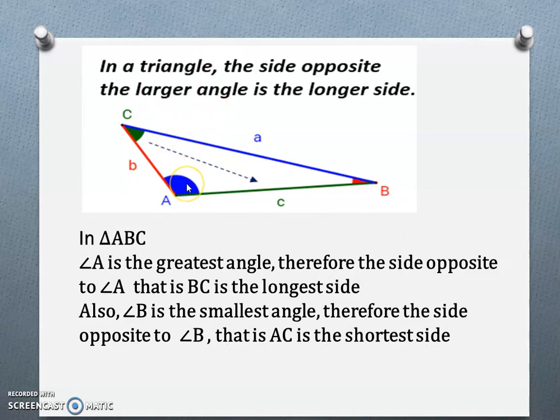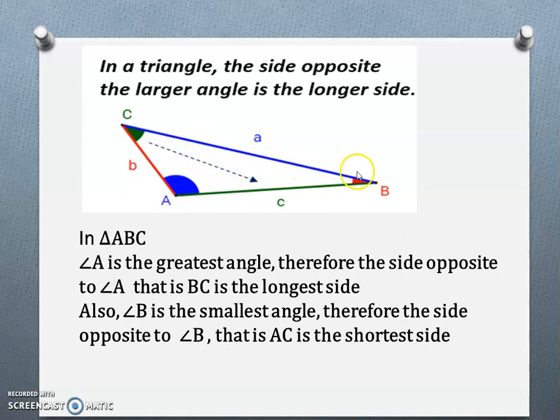You can see that angle A is the biggest angle. So the side that is opposite to this angle A, that is side BC, will be the longest side. You can see clearly in the figure that BC is actually the longest side, which is opposite to the biggest angle.